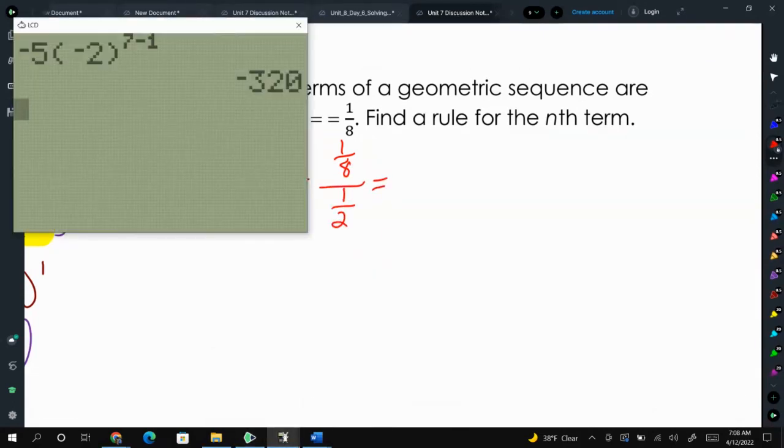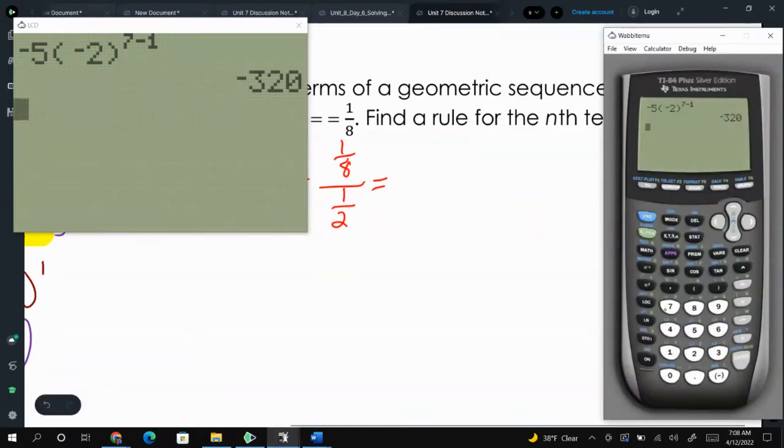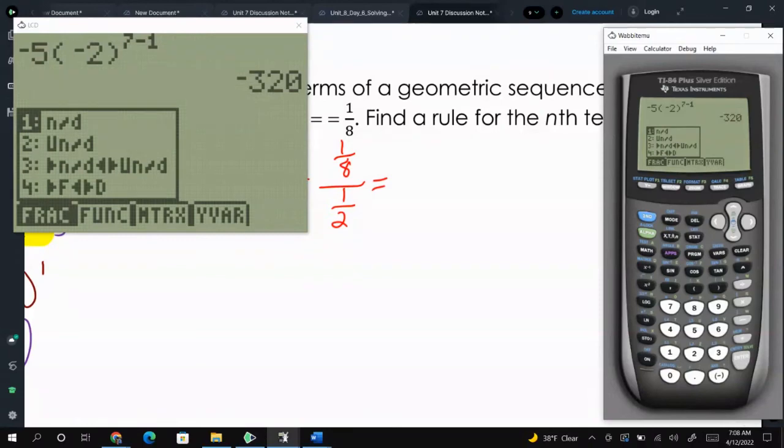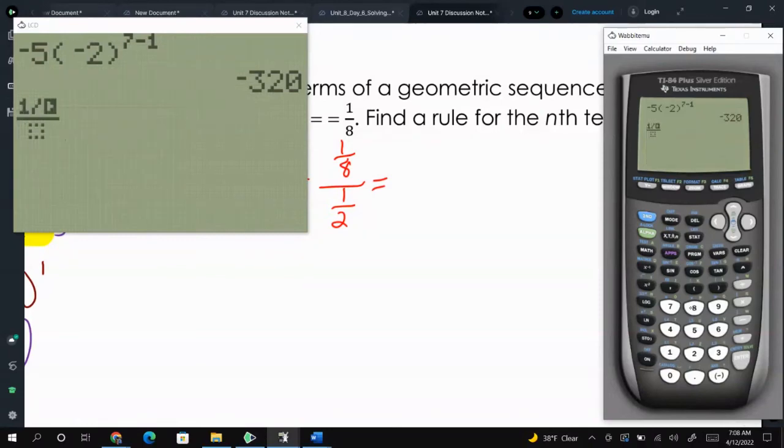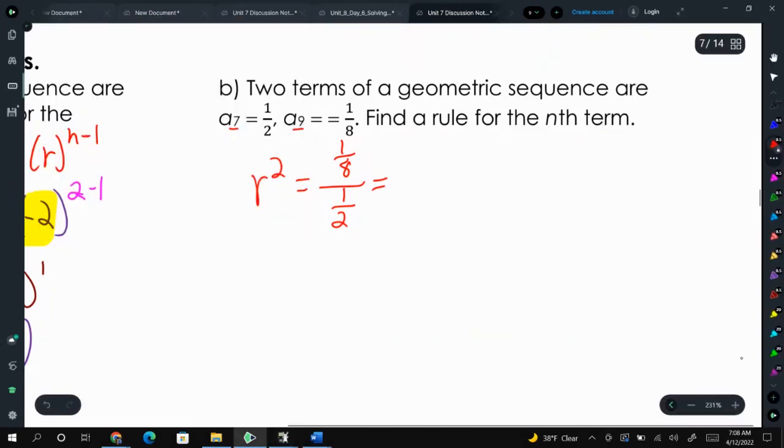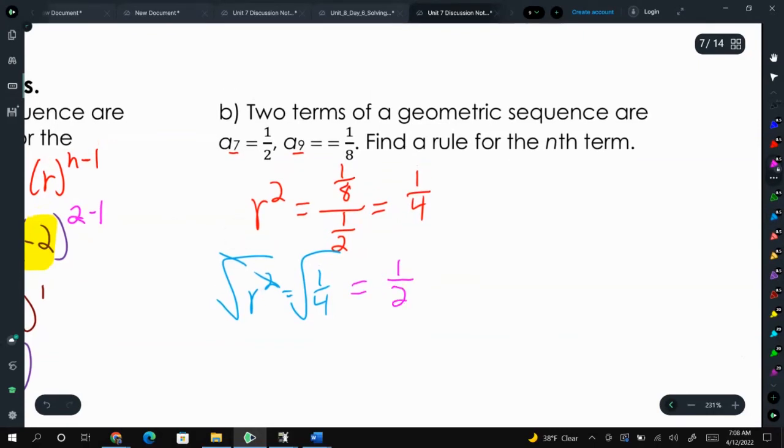We can type that into the calculator, 1 divided by 8, divided by 1 divided by 2, and that gets 0.25, which is 1/4. So r squared equals 1/4. When we square root both sides, we square root the top and the bottom. The square root of 1 is 1, and the square root of 4 is 2. So the r value here is 1/2.